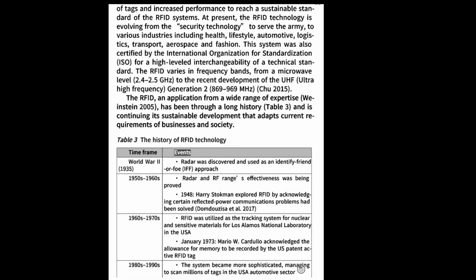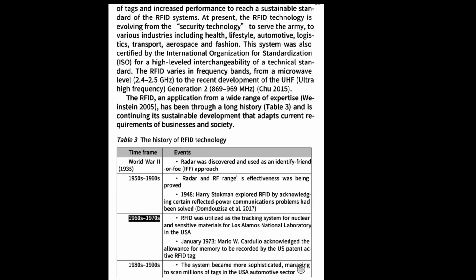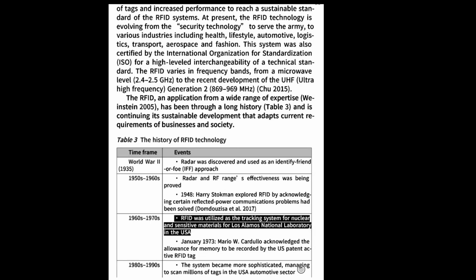Time Frame, Event. World War II, 1935: Radar was discovered and used as an Identify Friend or Foe (IFF) approach. 1950s-1960s: Radar in RF ranges effectiveness was being proved. 1948: Harry Stockman explored RFID by acknowledging certain reflected power communications problems had been solved, Domduzisa et al. 2017. 1960s-1970s: RFID was utilized as the tracking system for nuclear and sensitive materials for Los Alamos National Laboratory in the USA.